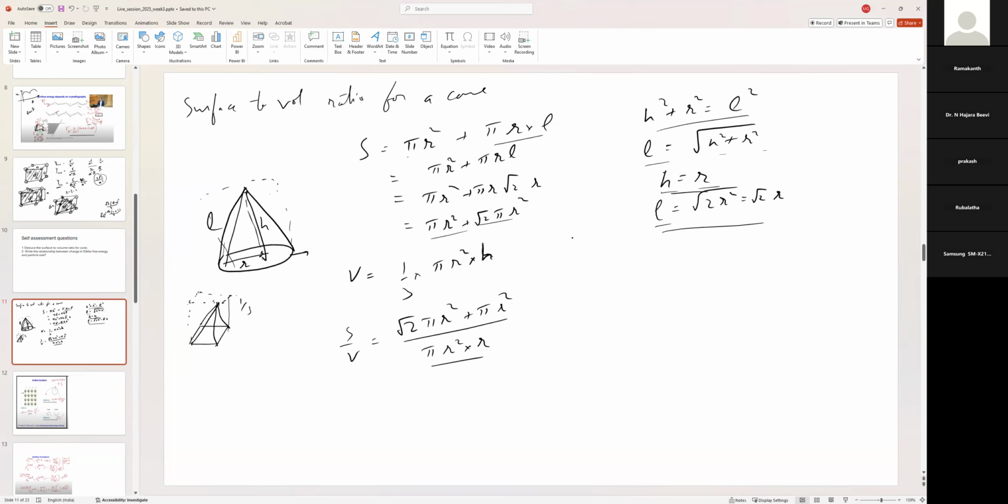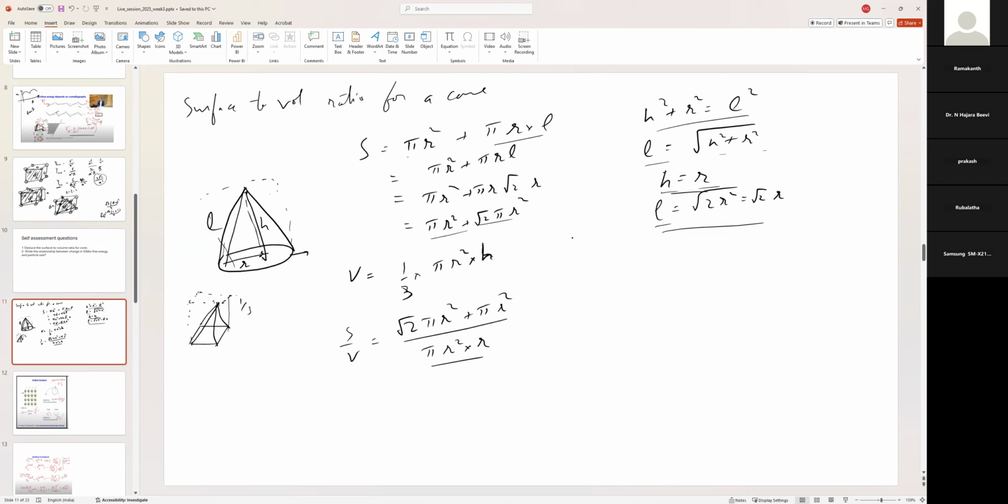Volume of a cone is one third the volume of the cylinder encapsulating it. So this is your volume.